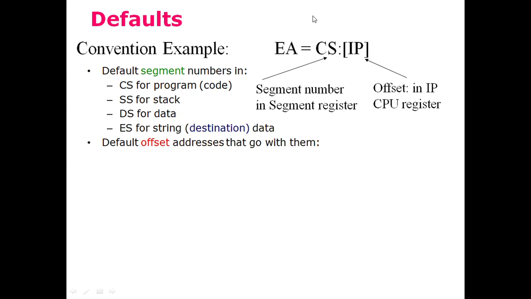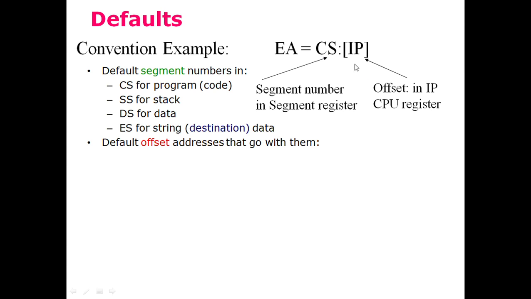For example, with the code segment, the effective address calculation is done by adding the code segment register content plus the content taken from the instruction pointer register. So the code segment register provides the segment number in the segment register CS, and IP, the instruction pointer register, provides the offset within the code segment.